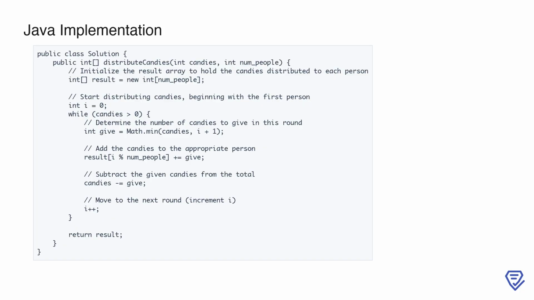The logic mirrors the Python version, with adjustments for Java syntax such as type declarations and the use of Java's Math.min. The method distributeCandies takes the total candies and the number of people, and returns an array representing how the candies are distributed. The solution iteratively distributes candies, ensuring that no more than the available candies are given in any round, and cycles through the people using modular arithmetic. This ensures correctness and simplicity in handling the distribution.